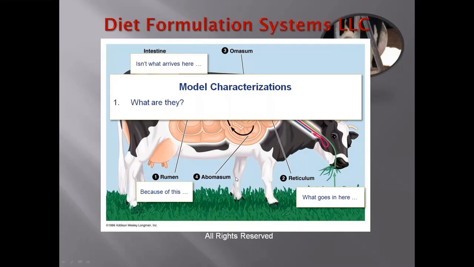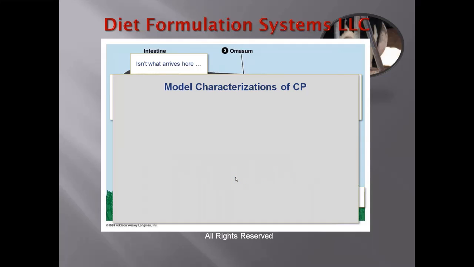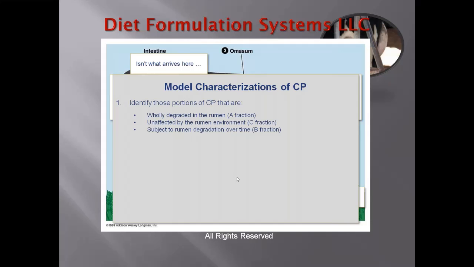So, model characterizations, what are they? Let's sum this up. Model characterizations attempt to describe and identify portions of crude protein that are wholly degraded in the rumen. That's the A fraction in the NRC paradigm. The portion that is completely unaffected by the rumen environment, that's the C fraction. And that portion of crude protein that is subject to rumen degradation over time.